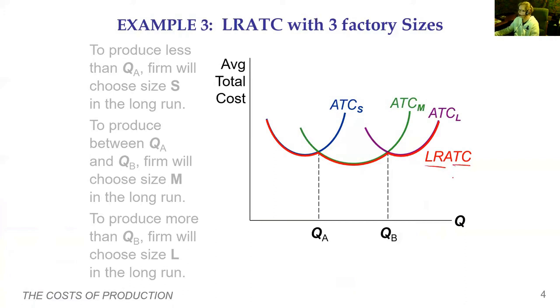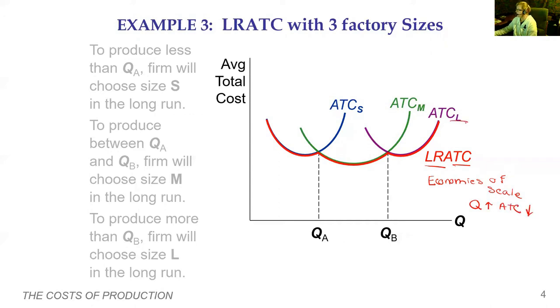And that long run average total cost curve is based upon the idea of changing your size based upon what's occurring with average total cost. In economies of scale, average total cost is going down. As the quantity increases, average total cost decreases.